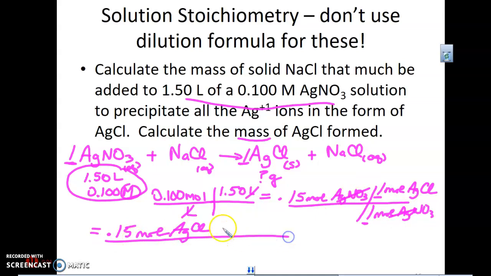So then, just like we did before, we're simply going to add up what a mole of AgCl weighs. Well, Cl is 35.5, and Ag is 107.9, and we can add those two together and we get 143.35.